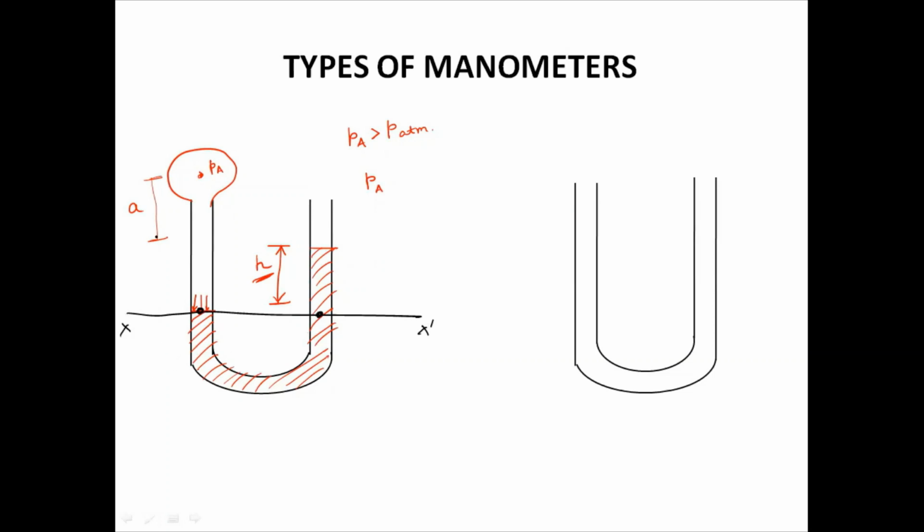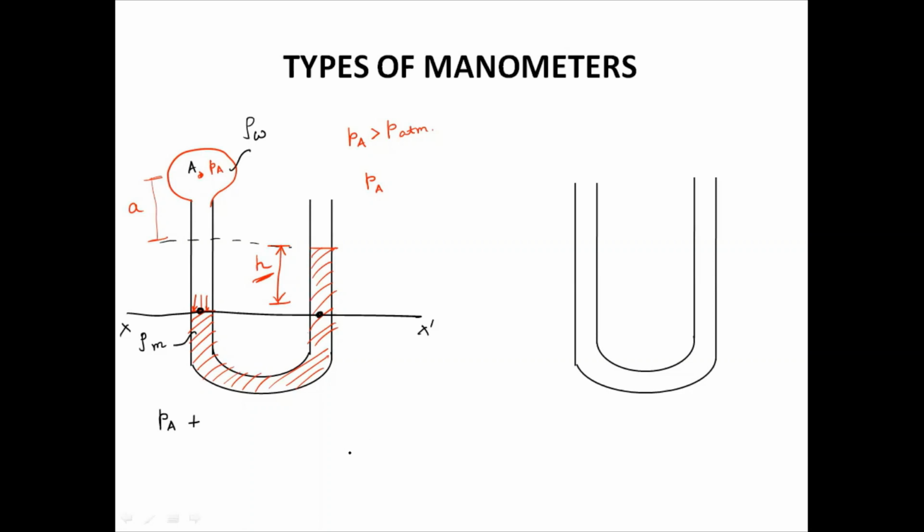Because if you consider this height, this is A. So if you write down the equation for PA at point A, as it is going downside, this liquid might be some working liquid, W, and this liquid is a manometric liquid. The density here is rho m, and here the density is rho W.